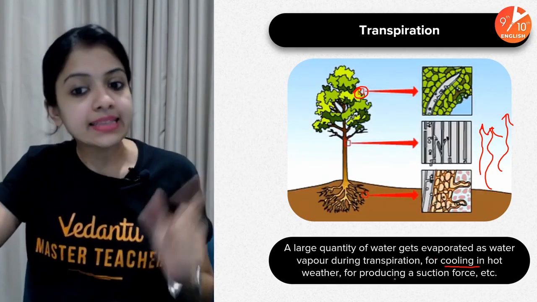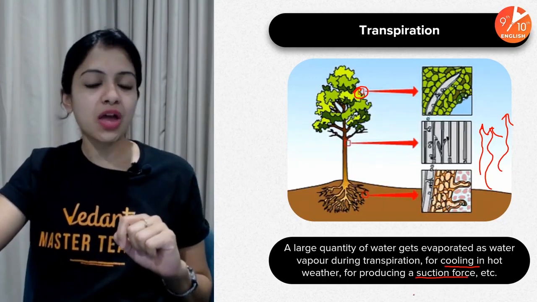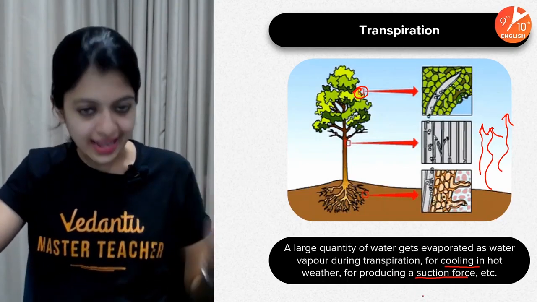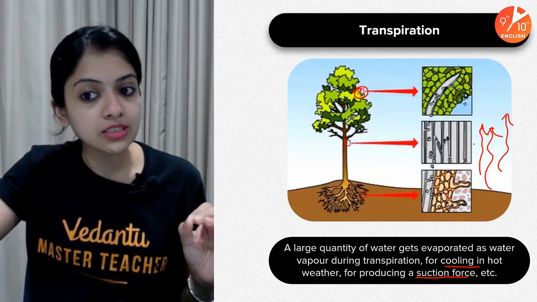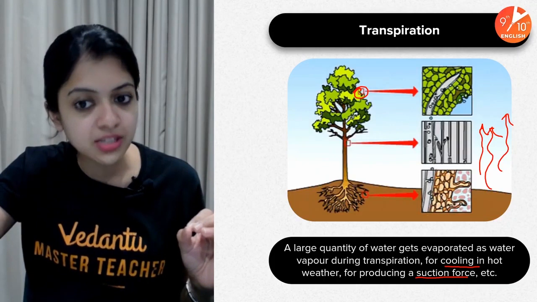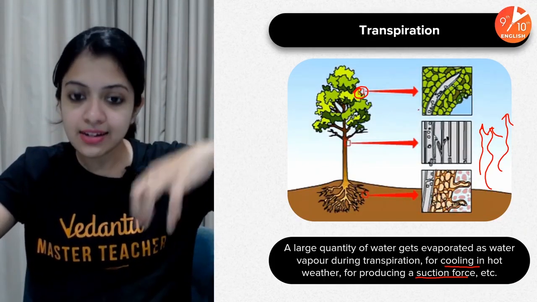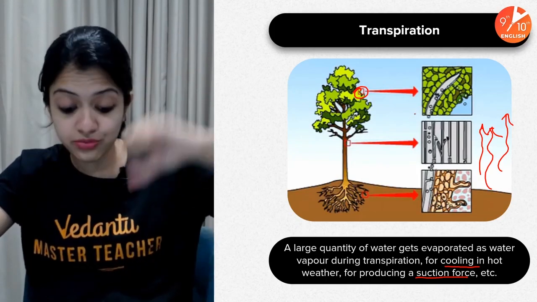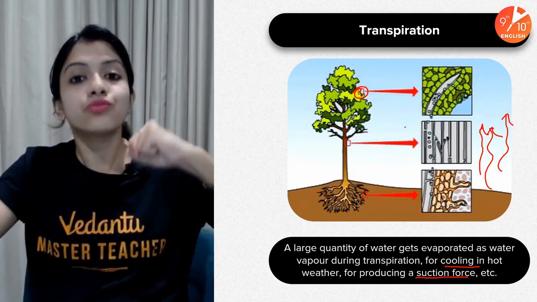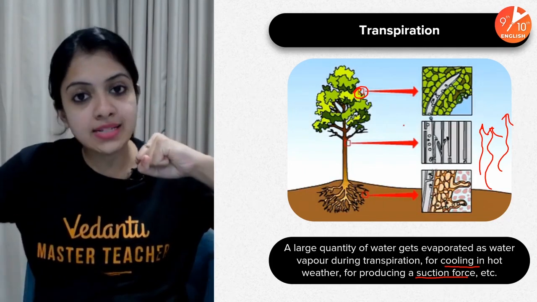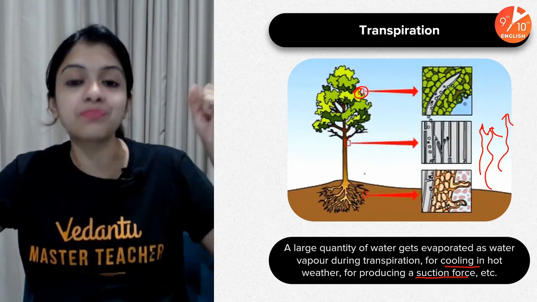Right. Secondly, the second advantage of transpiration is to produce a sort of suction force. Well, I'll tell you more about this later on, but just remember that because water is getting lost from the stomata, from these upper tissues of the plant body, it continuously creates a sort of vacuum, a sort of suction force to pull in more and more water from the lower parts of the plant body, and hence from the soil itself, from the root itself.